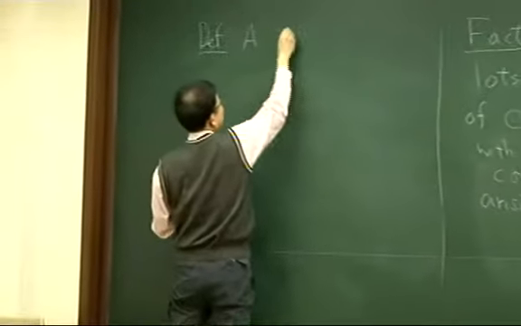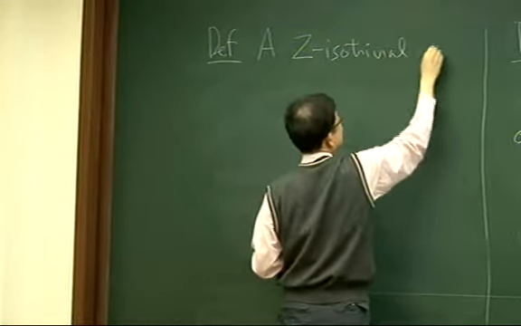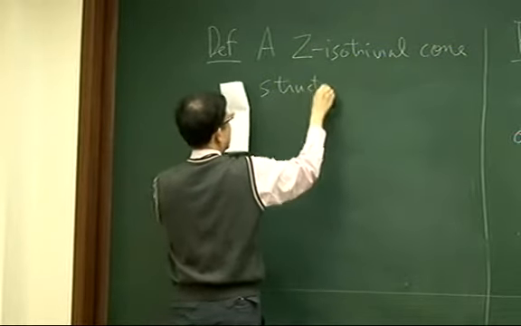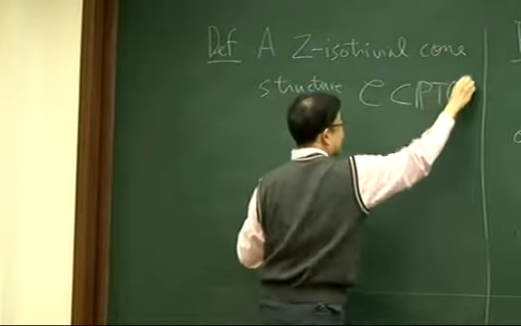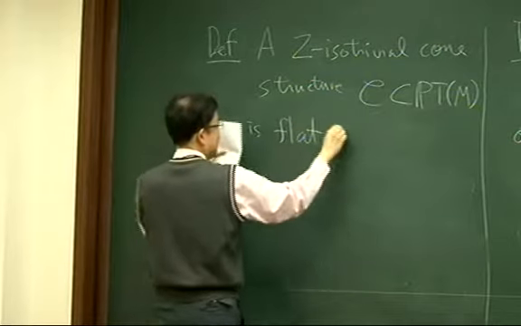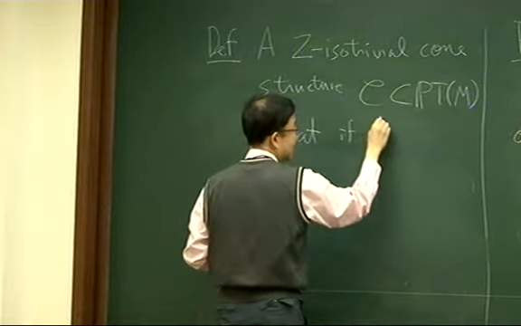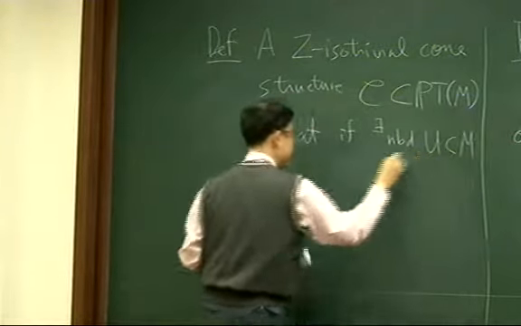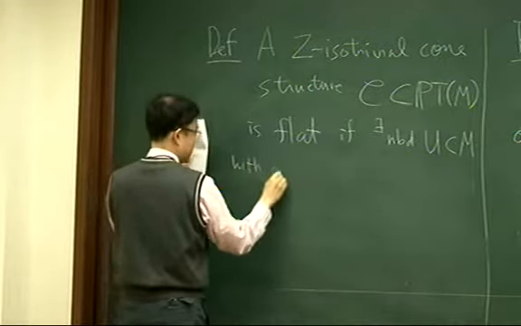So a G isotrivial cone structure is flat if there's a neighborhood U with a holomorphic chart phi.